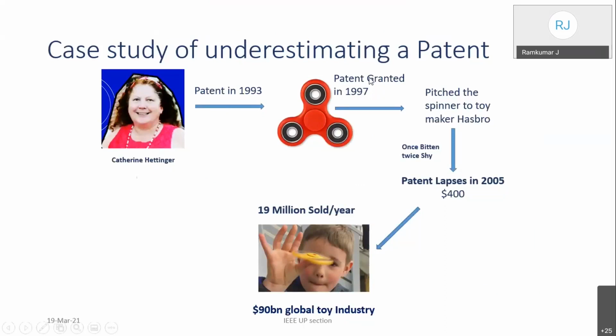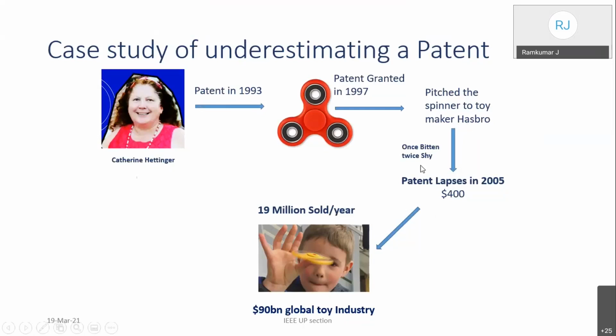It was patented in 1993. The patent was granted in 1997. The first production started in 2005. She pitched the spinner to the toy maker Hasbro.